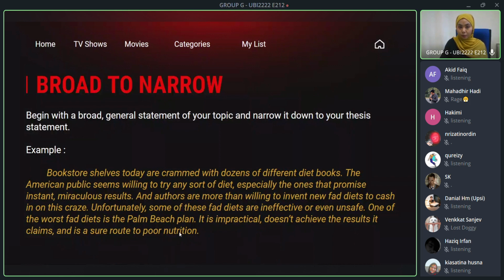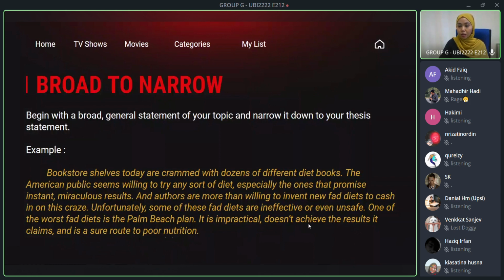And on the fourth paragraph, the third main point would be a sure route to poor nutrition. Perhaps it's talking about how it lacks protein, how it lacks fiber. It's not such a good fad diet. And lastly, the fifth paragraph, you are going to be talking about the conclusion.